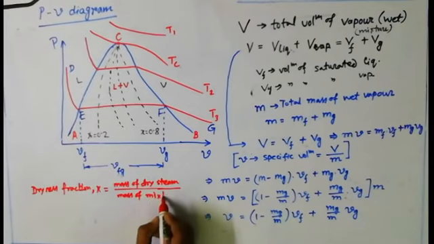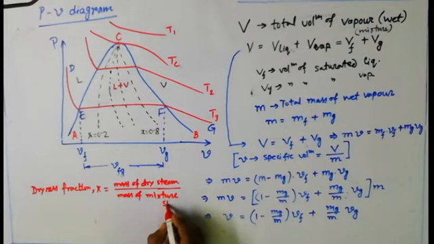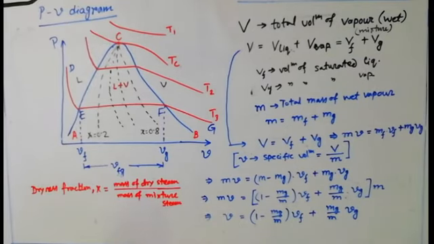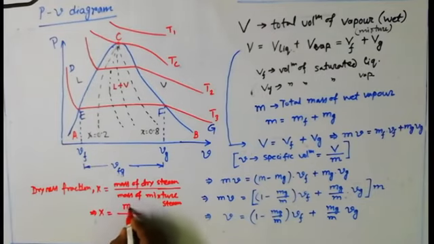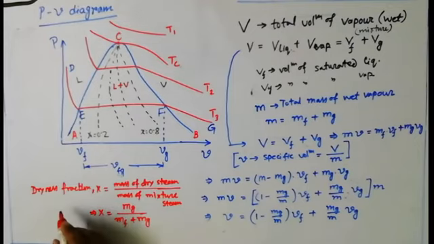Mixture means the whole steam. Inside the mixture, the wet part and the dry part exist. So that x can be expressed as the mass of dry steam, that means mg, over the mass of mixture, that means mf plus mg, isn't it? Some part of liquid, some part of vapor exists in the mixture. So that is the dryness fraction.